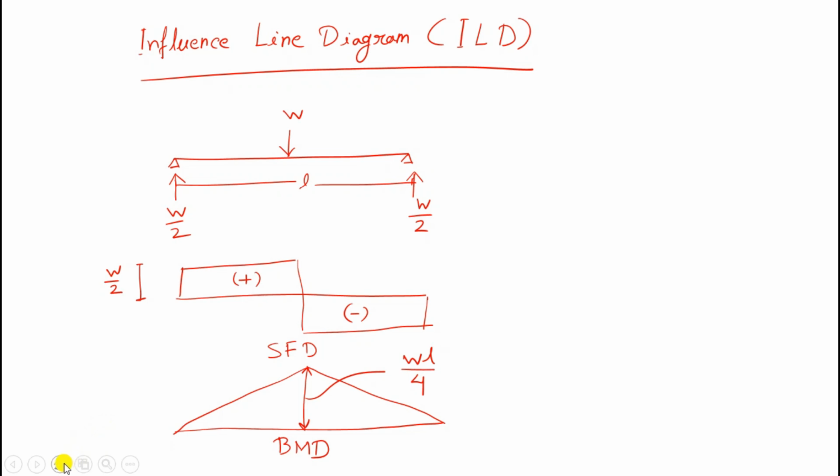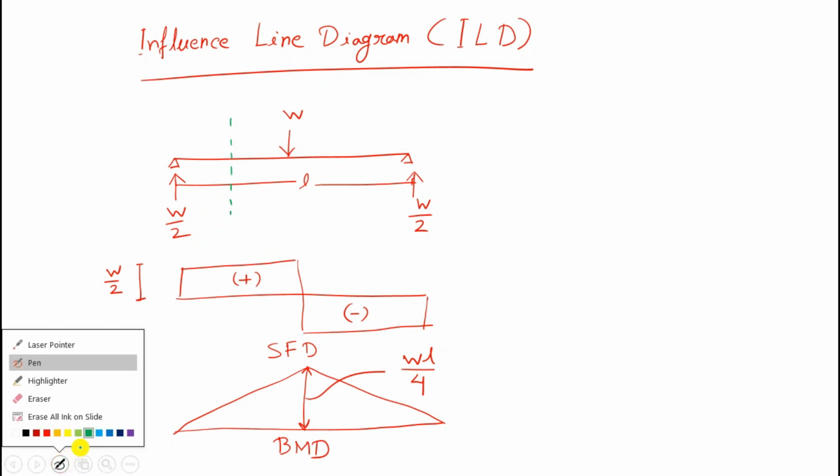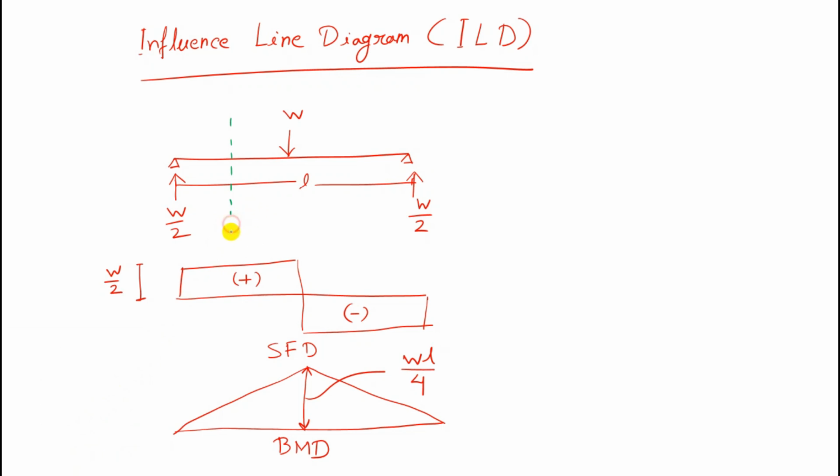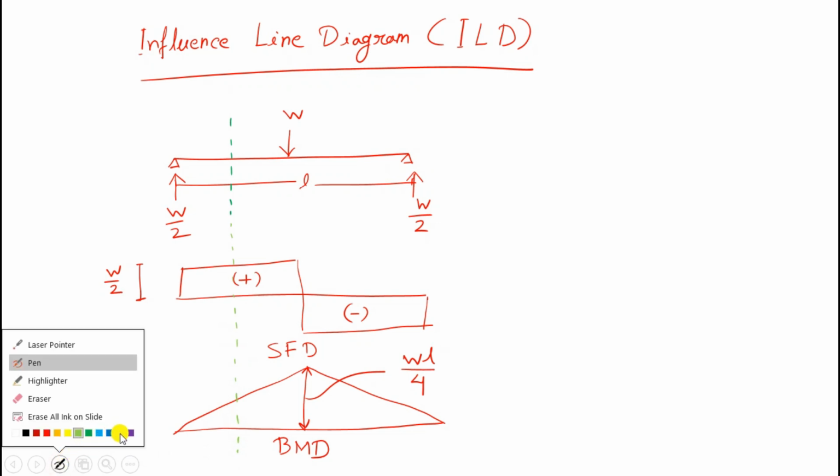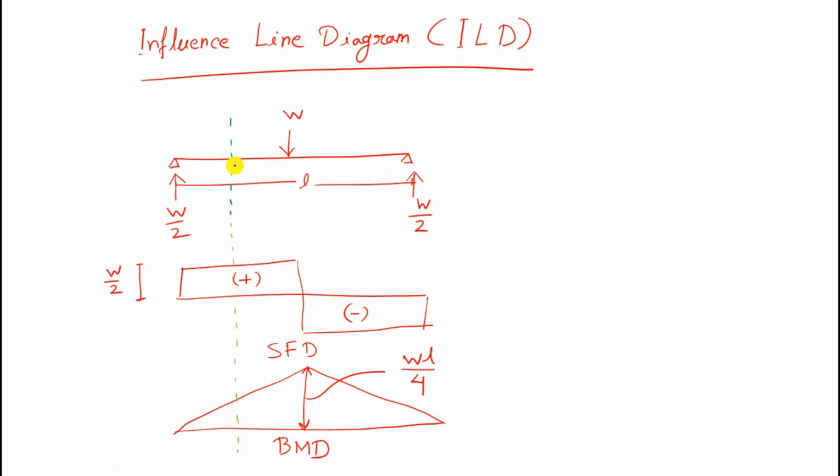Now the question is, suppose we have a particular section at this point. What will be the shear force value for this particular section and for this position of load?